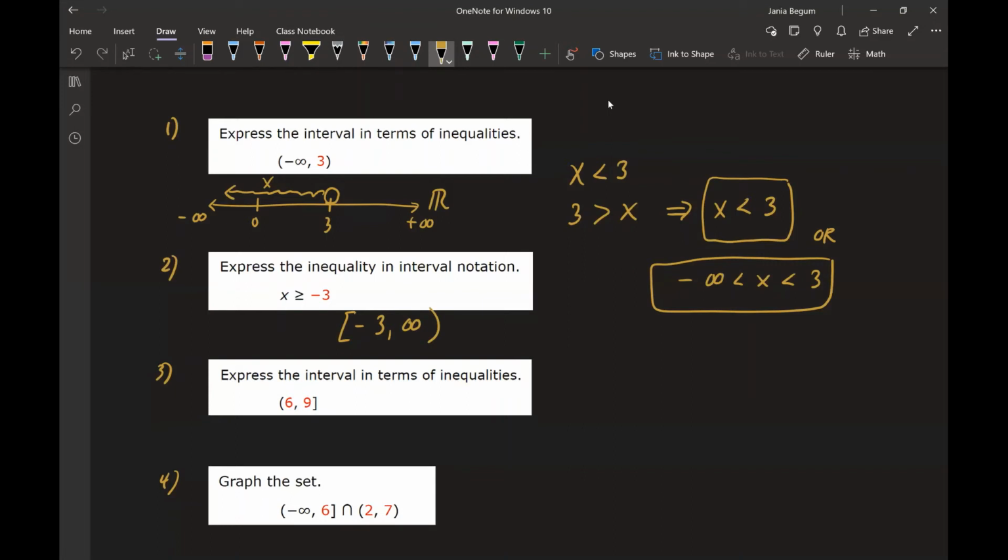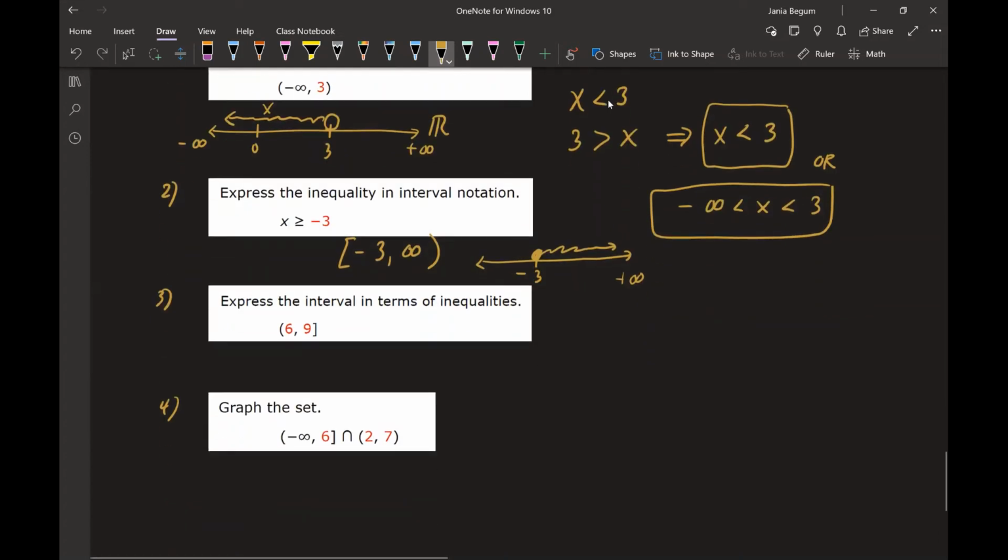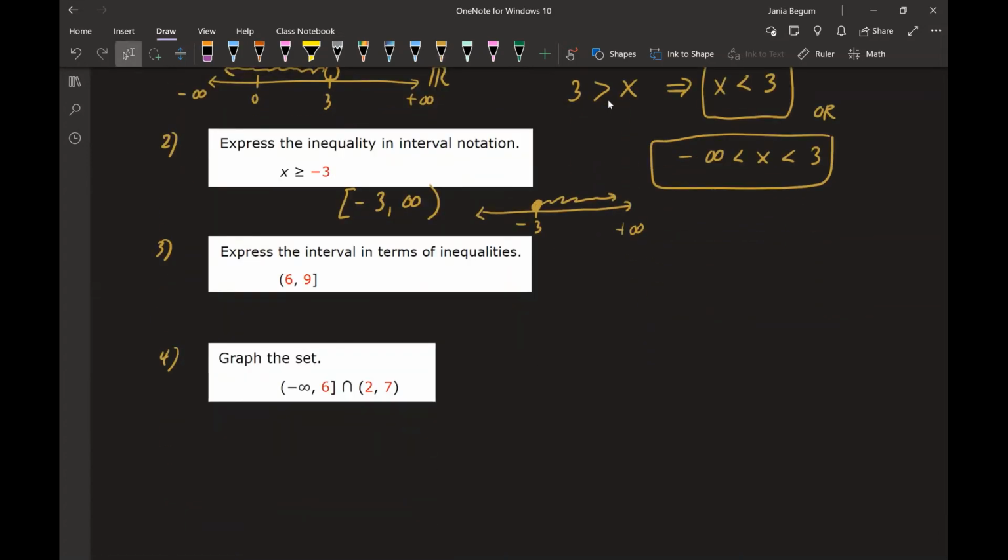So it would be a closed circle on -3, and the arrow would go in the right direction.